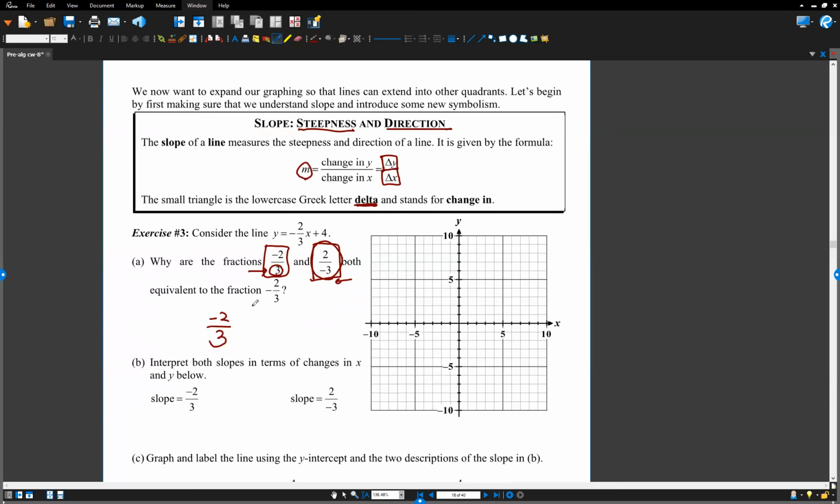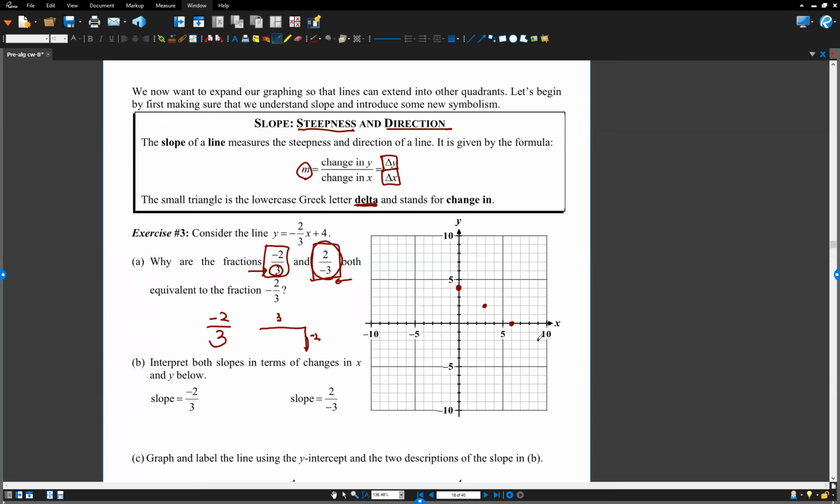Why? Our starting point is 4. This is our starting point. What does that mean? Right 3, 2 down. That's the next point. Right 3, 2 down.